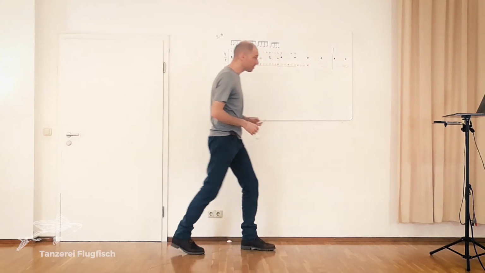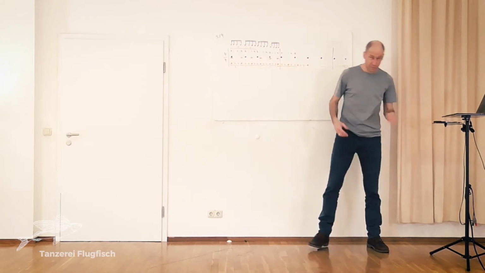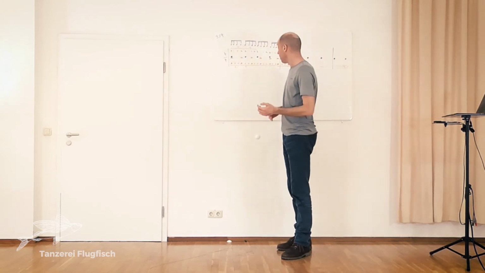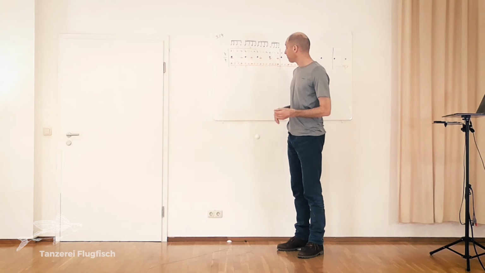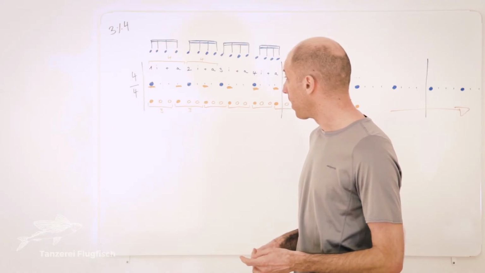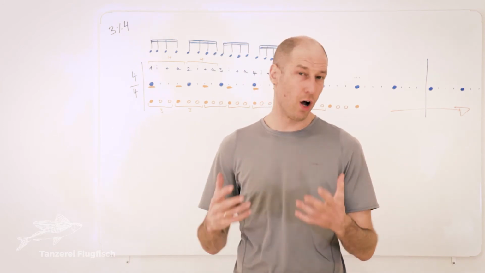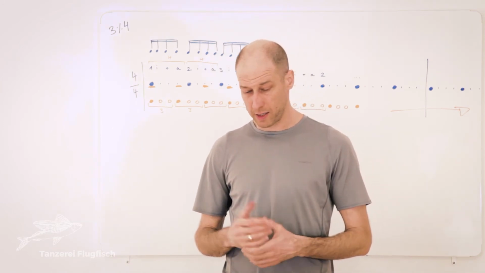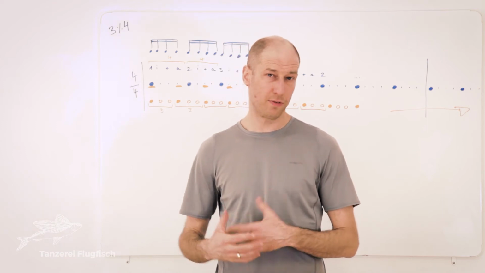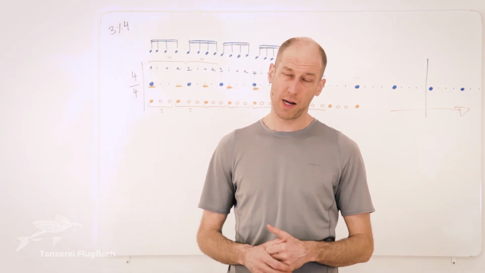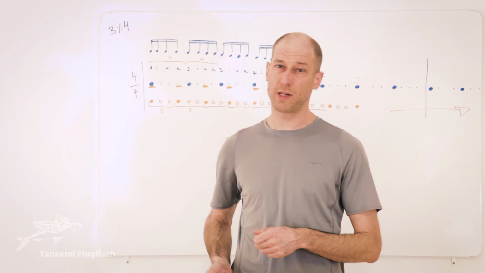So let's see what this feels like in real life. One style of music that is always in a 16th note grid is funk music. Sometimes it's swung 16th notes, sometimes they're straight.